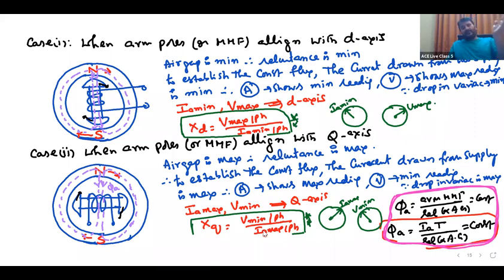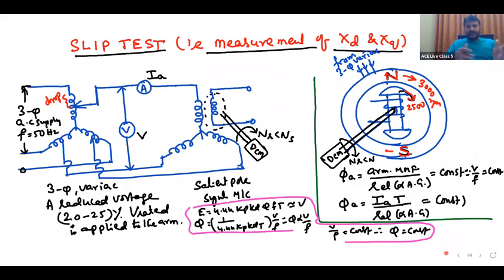So simply, we will measure from this diagram. When we are rotating, it is aligned with the direct axis and quadrature axis, and we can take two readings, a minimum value and a maximum value. But in between, the ammeter and voltmeter will oscillate. Don't think it is only once minimum and once maximum; they will oscillate like this.